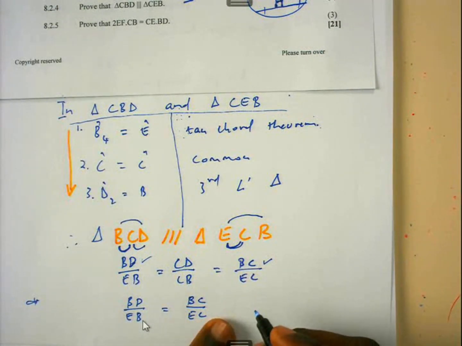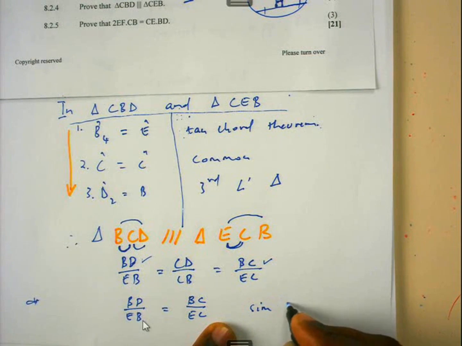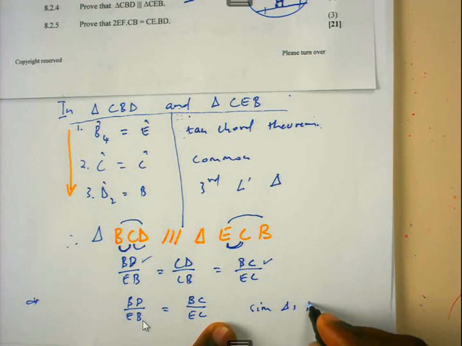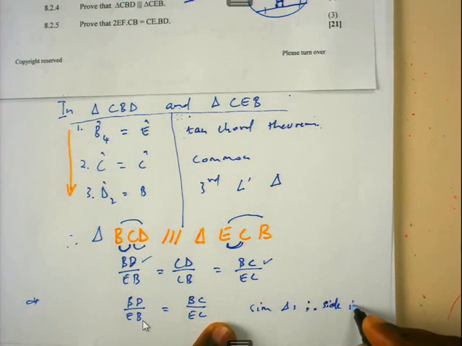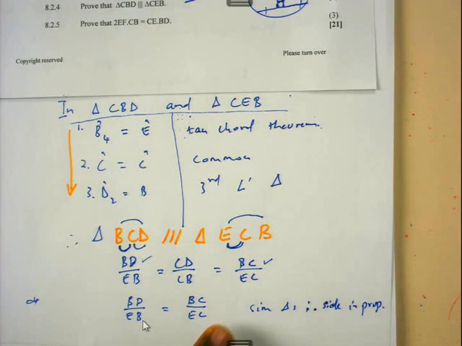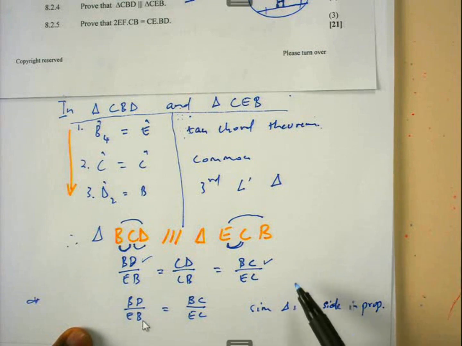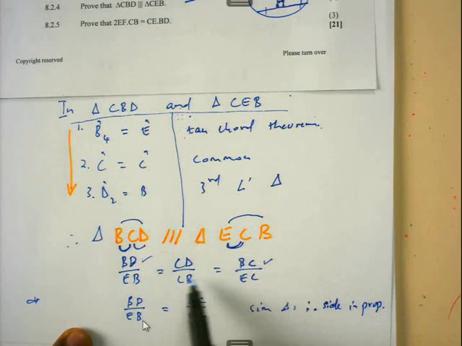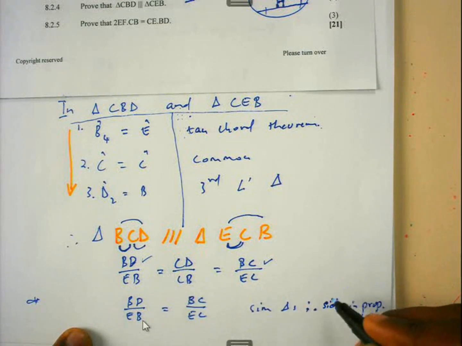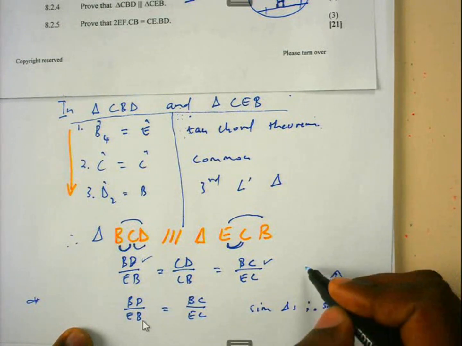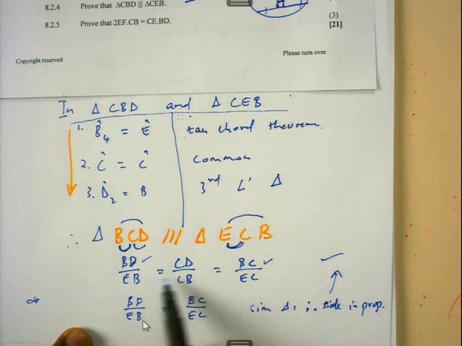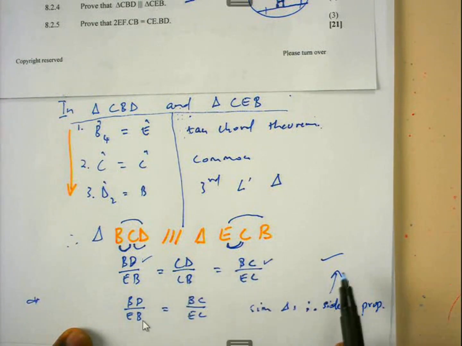And we need to write a reason: similar triangles, therefore sides in proportion. The reason must come here to say the triangles are similar, so sides must be in proportion.